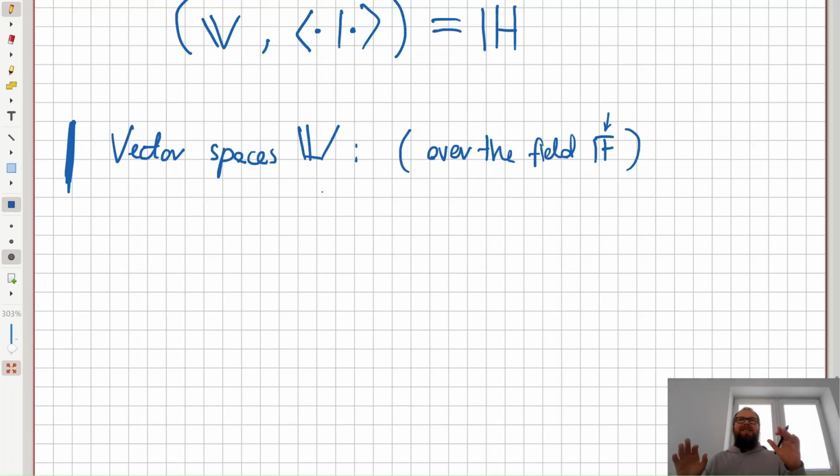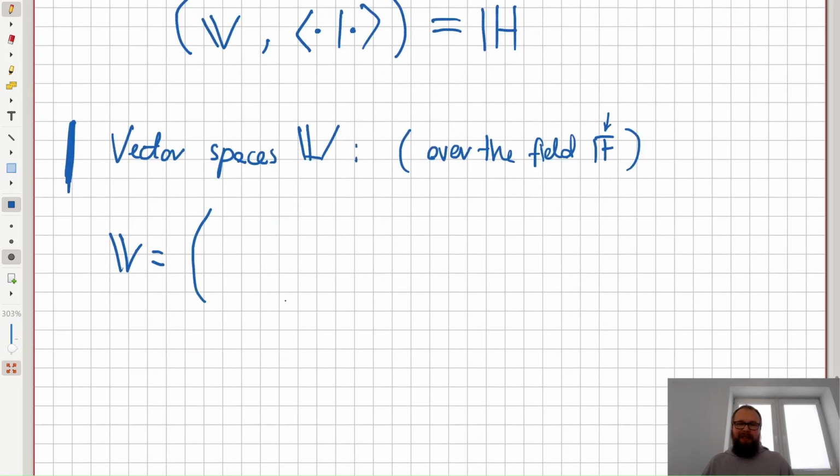But a field is a set of scalars or numbers, okay, that will be useful here. And the vector space formally is a triple of things. Like the Hilbert space was a pair, this would be a triple.